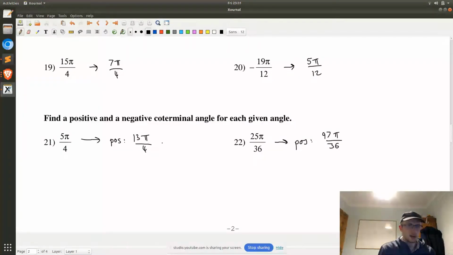Okay, and the negatives. Now they say negative 3/4 of pi. Right, I get it. Because the absolute values of them have to add up to 2 pi. Okay, so for this one, shouldn't it be negative 9 pi over, no, negative 11 pi over 36, right?